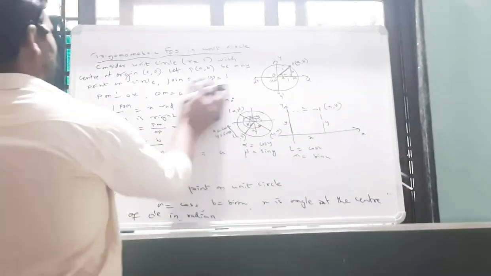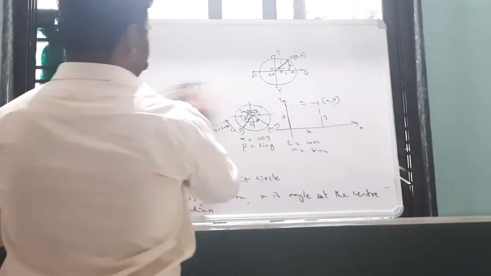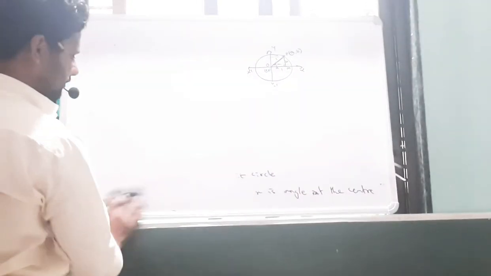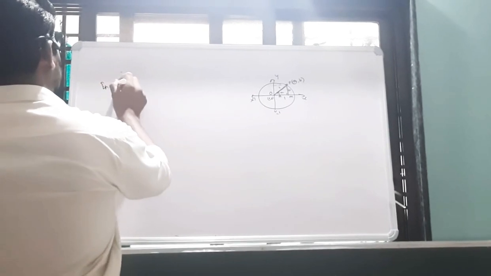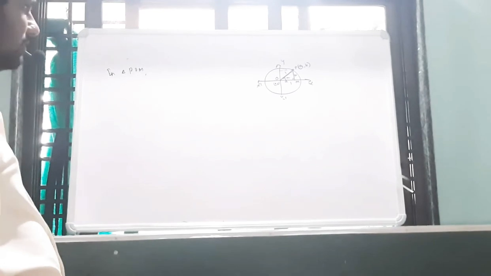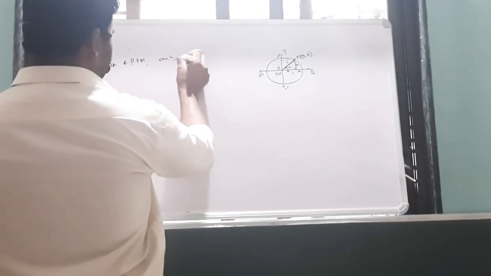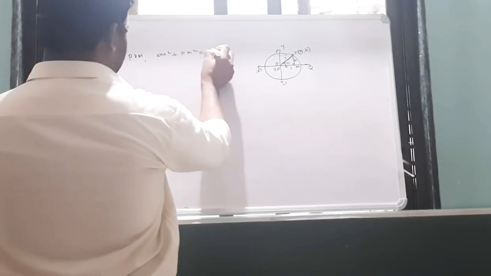Also from the figure, in the right angle triangle POM, we can apply the Pythagoras theorem, that is OM square plus PM square is equal to OP square.